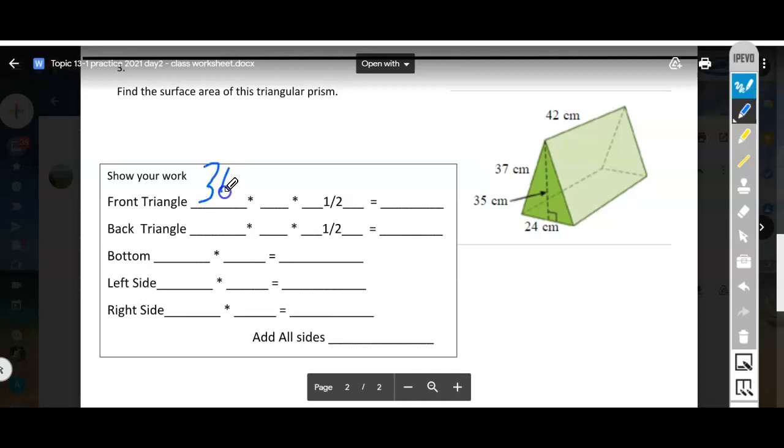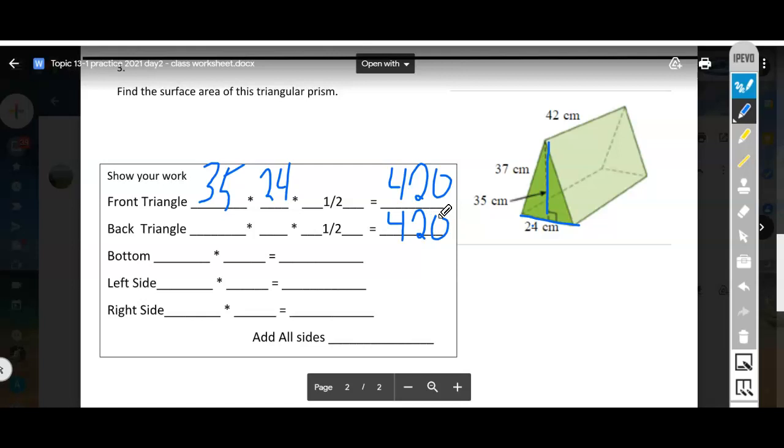Excellent. 35 and 24, because we're looking for that perpendicular measurement on the triangle. So that's 1/2 times 35 times 24 is what, LJ? 420. Now I'm going to write that down twice, right? Because I got 2 of those. Okay, rectangles.